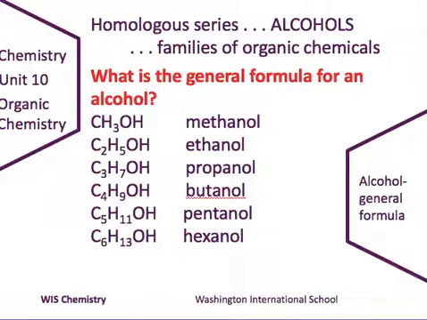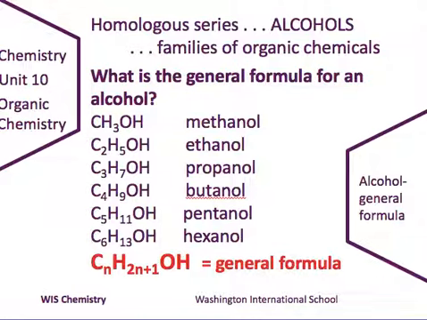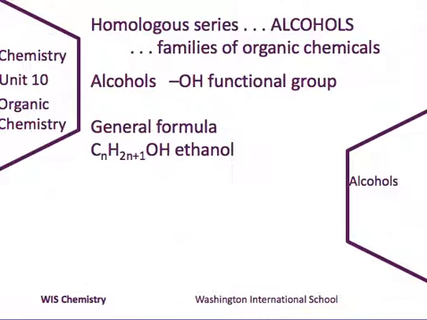Think about the other general formulas that you know, particularly the alkanes, because the alcohols here are going to have single bonds between carbon atoms. So what is actually different? You're adding an OH, but taking one of the hydrogens in the hydrocarbon chain away. So we end up with CnH2n+1OH as the general formula.